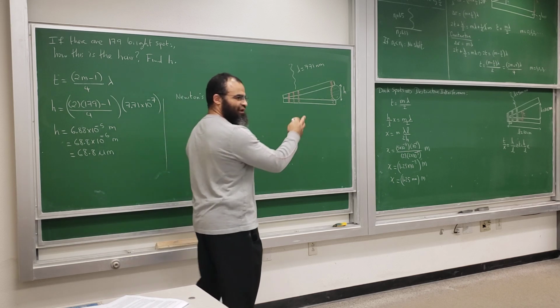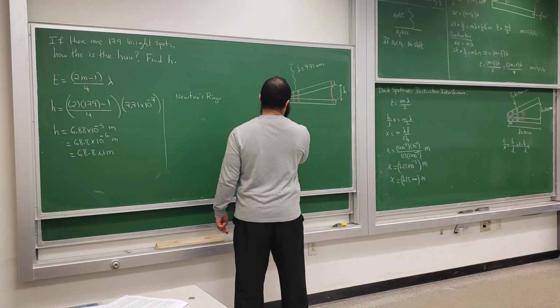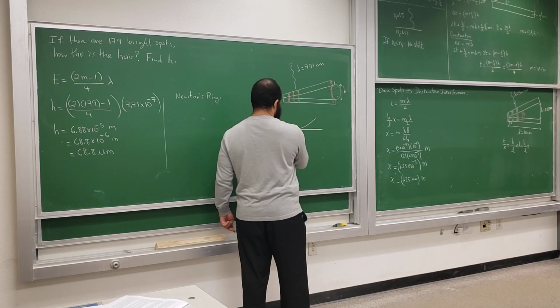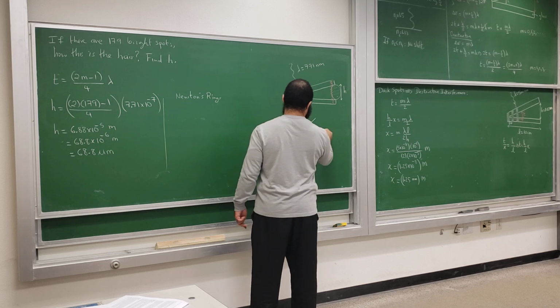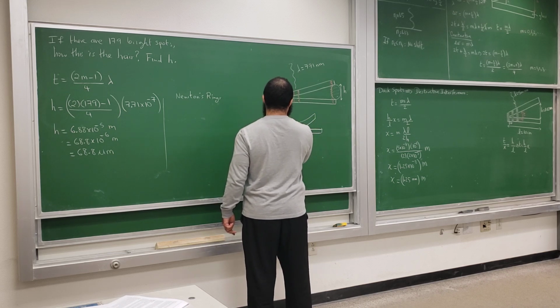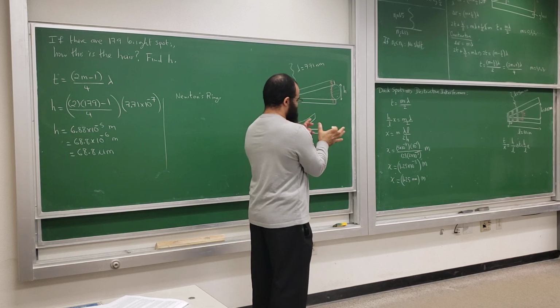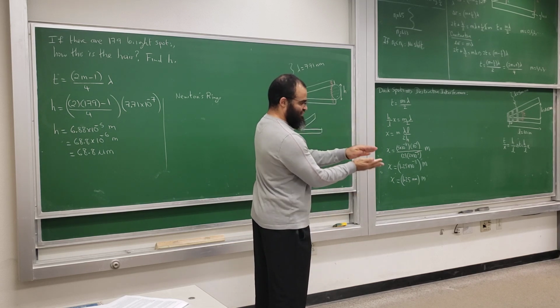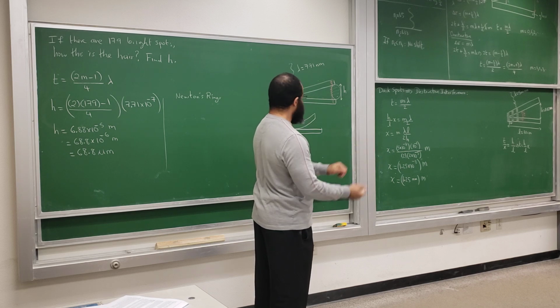Let's say instead of having an air wedge like this, the glass is bent. So here's glass, and this one is another piece of glass, but it looks like this. It could be a bowl, like a three-dimensional object, not two-dimensional.